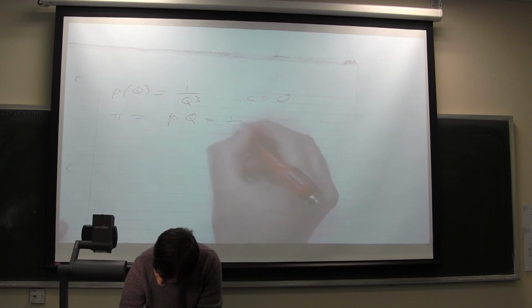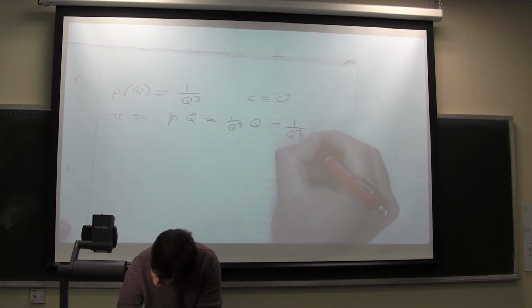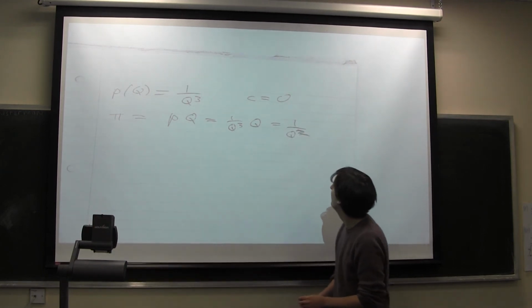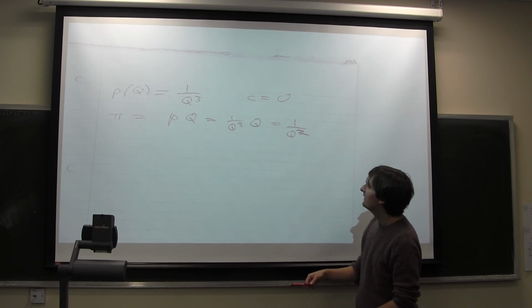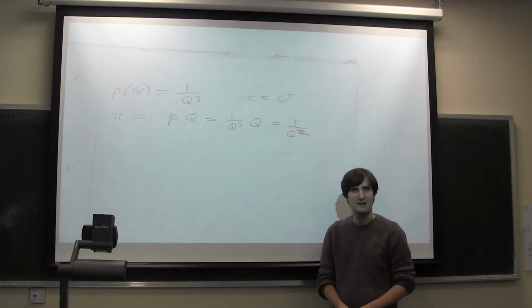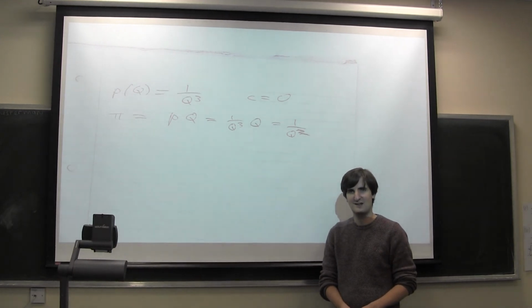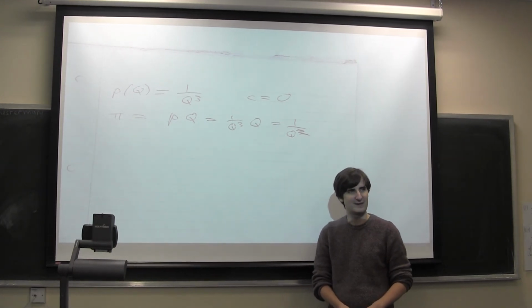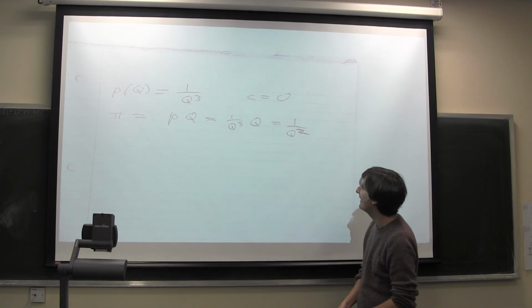So 1 over Q cubed times quantity, so 1 over Q squared. So you don't need to differentiate at this point. And if you start differentiating, I might even think you don't know what you're doing necessarily.